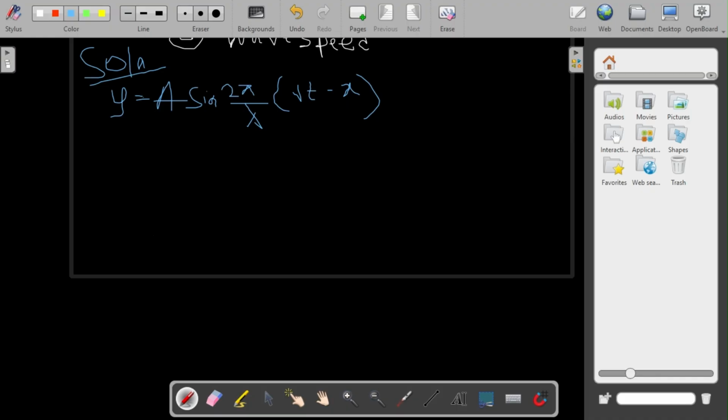So this is the basic progressive wave equation formula.